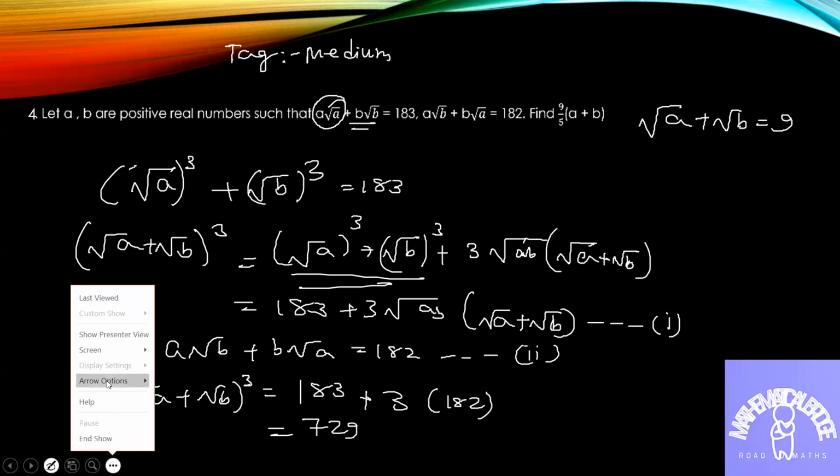Now let us take another slide. So we got √a + √b is equal to 9. And so from equation 2 that we had, we can already get √(ab) into 9 is equal to 182.